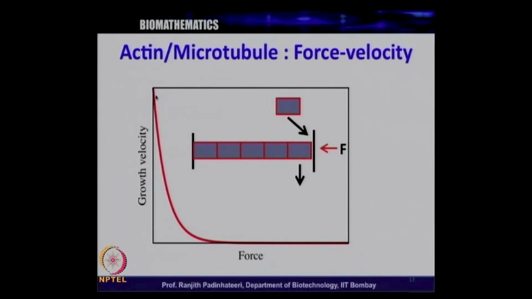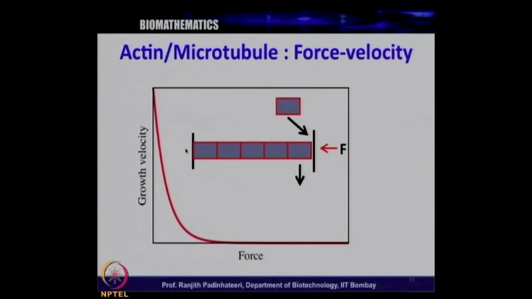In such experiments, one can plot growth velocity versus force. If you apply a lot of force, the filament cannot grow, so the growth velocity will be very small. On the other hand, if you don't apply any force at all, then the growth velocity will be large. This is what this graph shows.